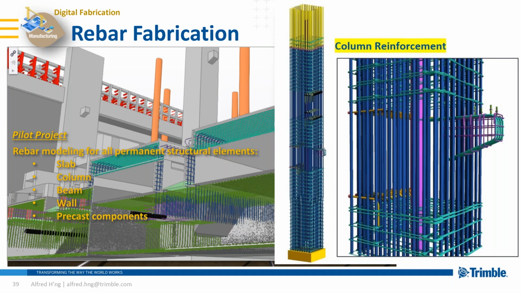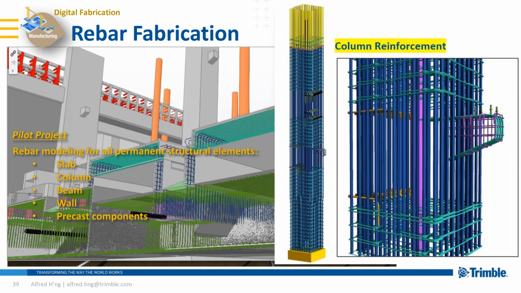What we observe is that at the beginning, the time to create the 3D model plus generate the 2D drawings from the model takes longer than the traditional 2D process.